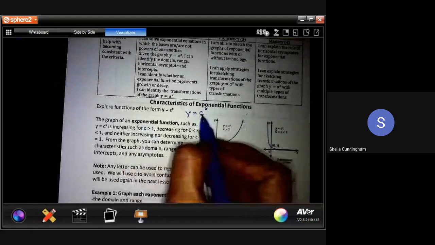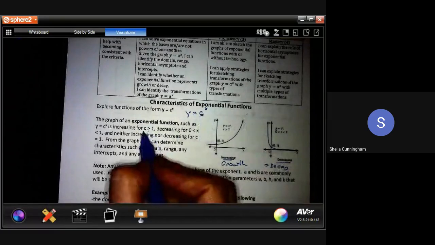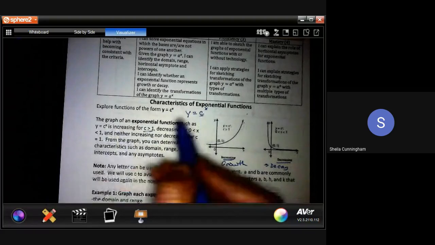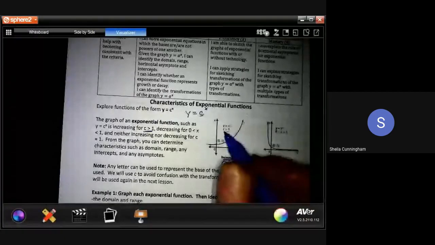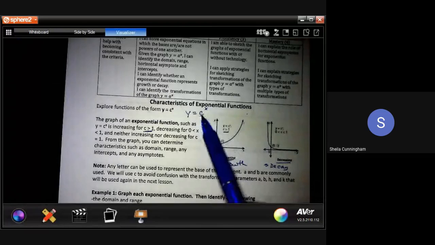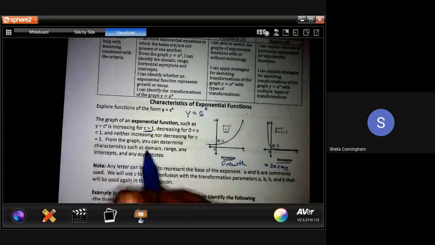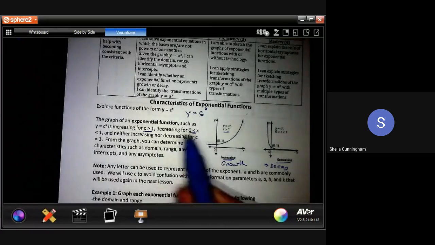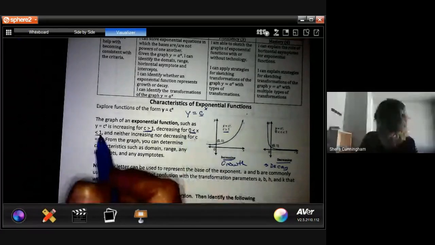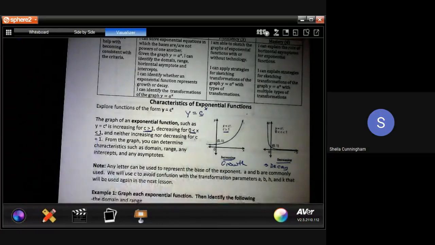Now, that base c, if it is larger than 1, you are dealing with an increasing graph. So that's where c is greater than 1. It could have a base of 2, so y = 2^x. It could have any value larger than 1, okay? If your c is between 0 and 1, so it's basically a decimal, then you're going to be working with a decreasing graph.